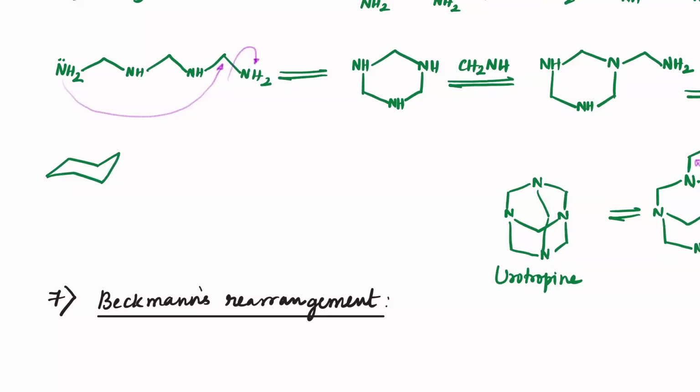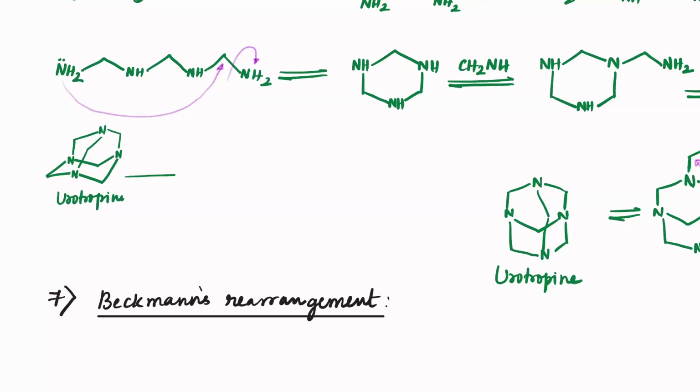In that six-membered ring, if I remove these three positions and put them as N, N, and N, they all will be connected to one more nitrogen through methyl groups like this. So this is urotropine as well, by the way.